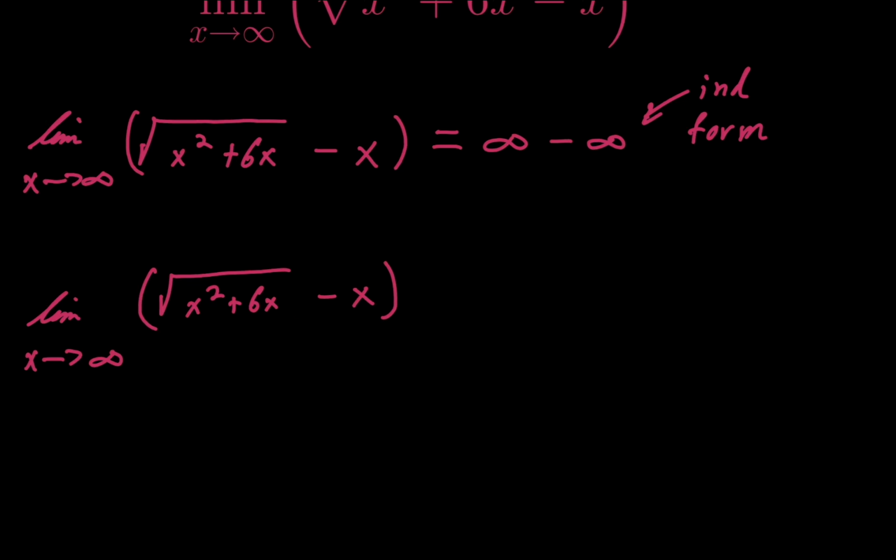So I'm going to multiply the square root of x squared plus 6x minus x by the square root of x squared plus 6x plus x.